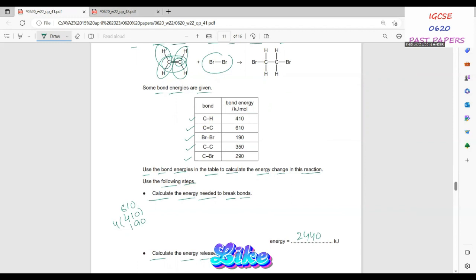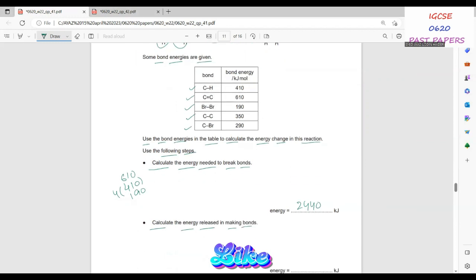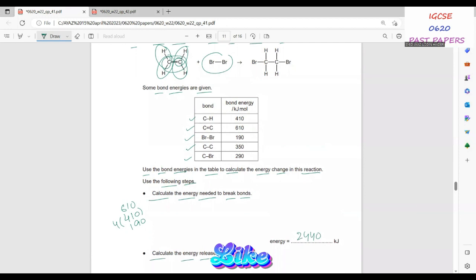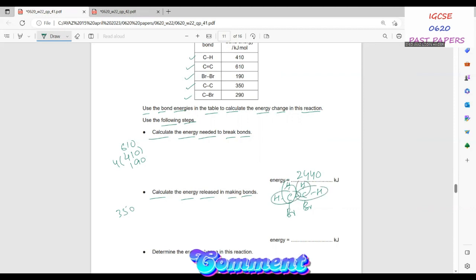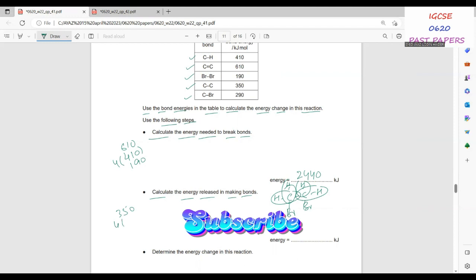Calculate the energy released in making bonds. So these are the bonds made. We have one C-C bond. So you have 350 plus 4 C-H bonds. So again, you will multiply 4 by 410 and 2 C-Br bonds, 1, 2.